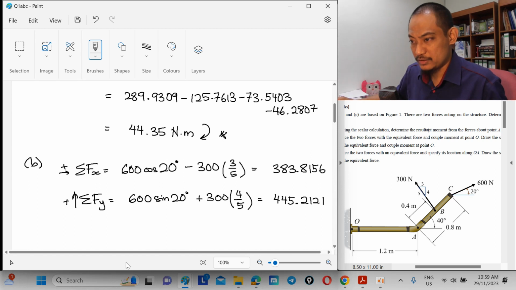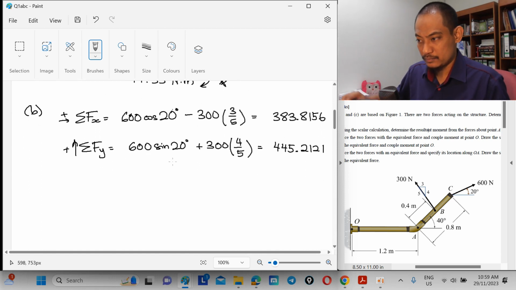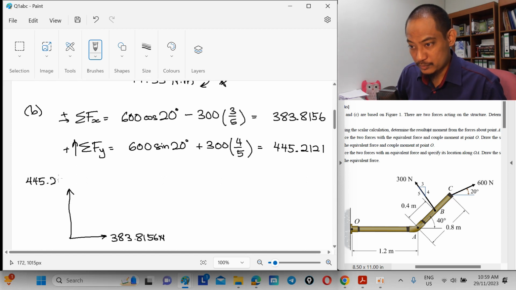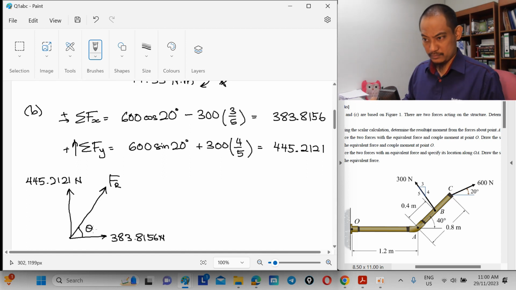So what this means is basically we have to the right 383.8156 Newton. We have upwards 445.2121. We have FR and we have theta.